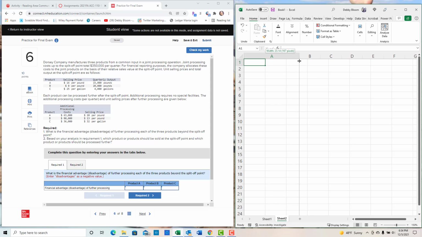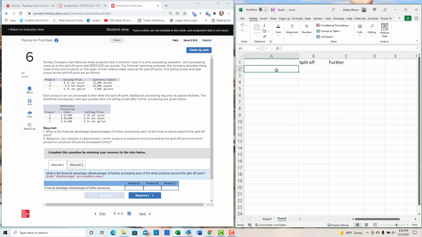So what I'm going to do over here is I'm going to make a big column A. Column B is going to be all of my revenue that comes from selling at the split-off point. And column C is going to come from my further processing.